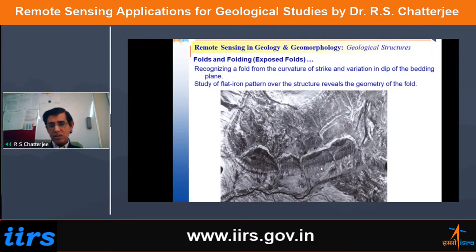Here you see this iron is pointing towards this, so that means the beds are dipping towards me, towards the observer, isn't it? And where the flat iron is broad, the dip is gentle. Where the flat iron is narrow, the dip is steep. So by interpreting these flat irons, the dip direction and the amount of dip can be interpreted, and the geometry of the faults can be interpreted.